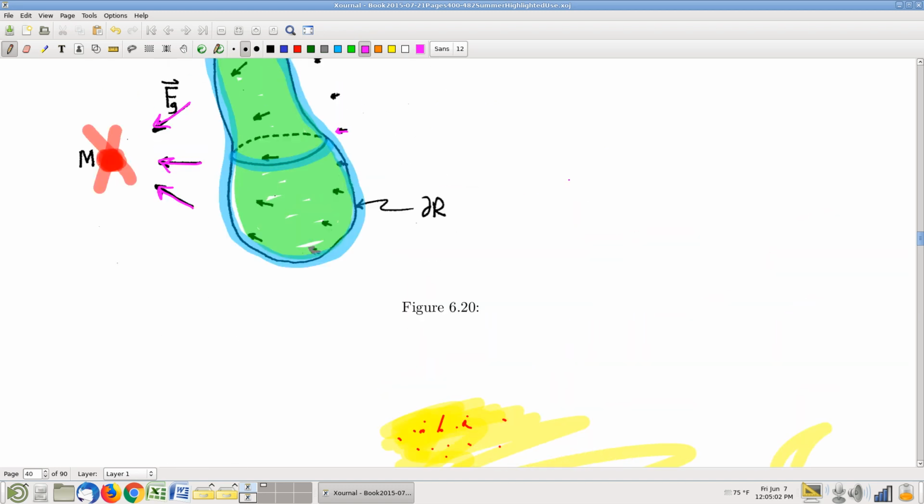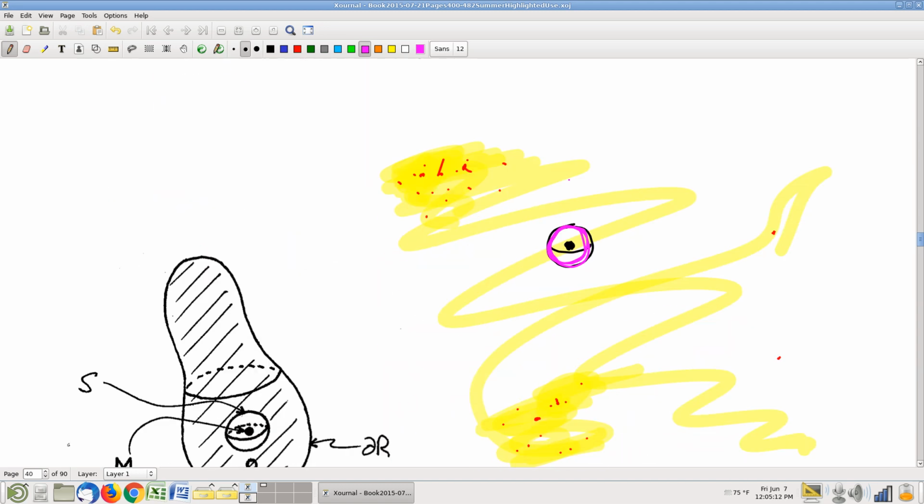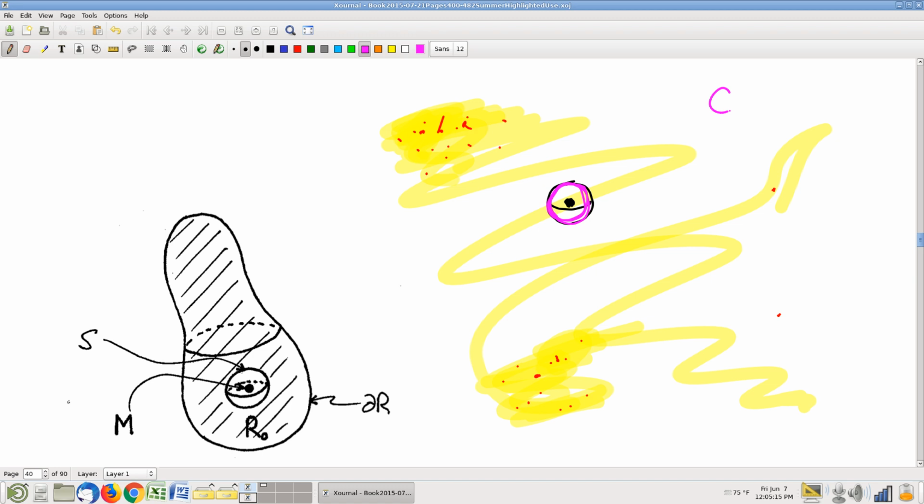Our first result up here says that the mass that's outside of that sphere contributes 0 to that flux. So as far as this flux calculation goes, I get to ignore all except for the mass on the inside.